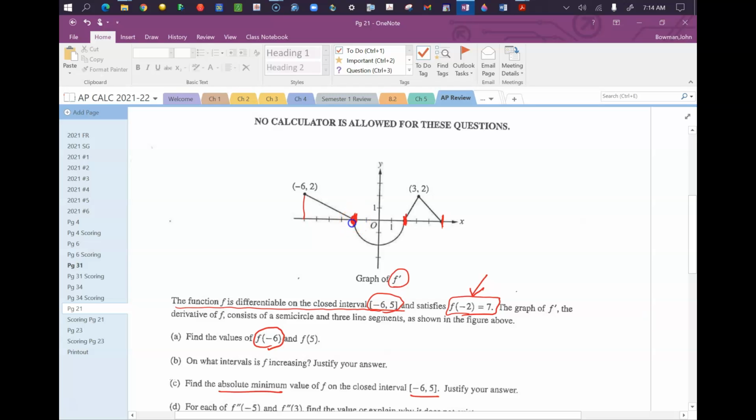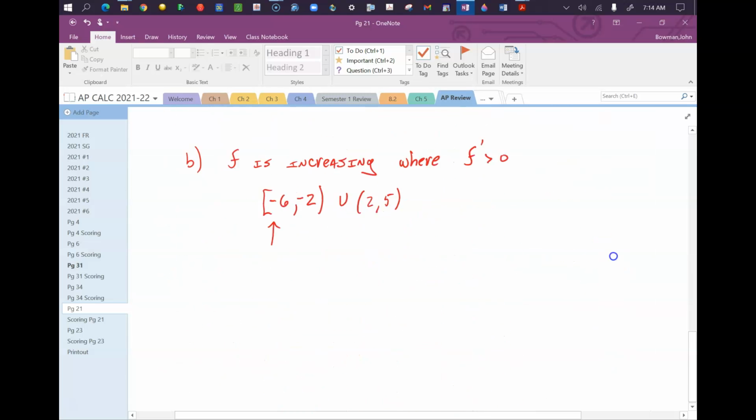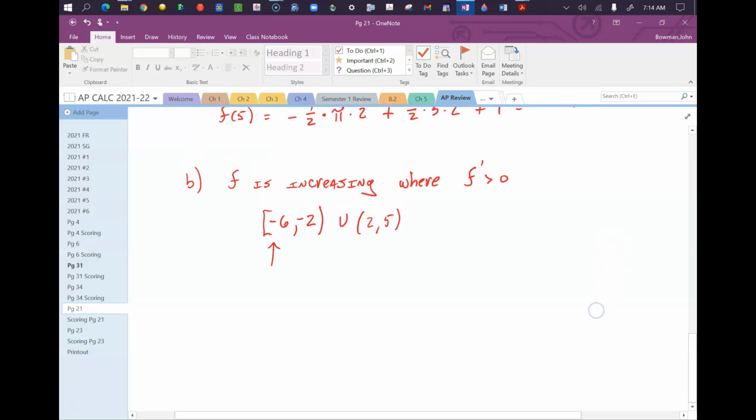We're also going to include x equal -2 and x equal +2. So our candidates table is going to look like this: x, f of x, -6, -2, +2, and 5.